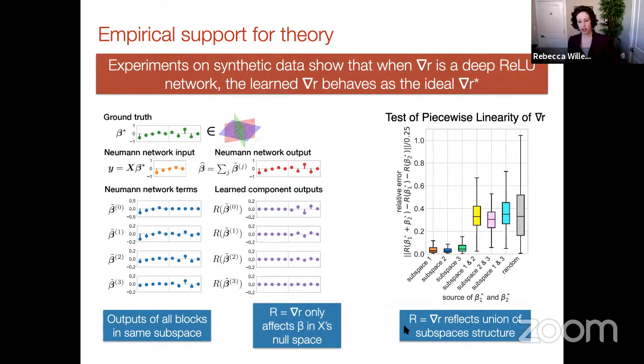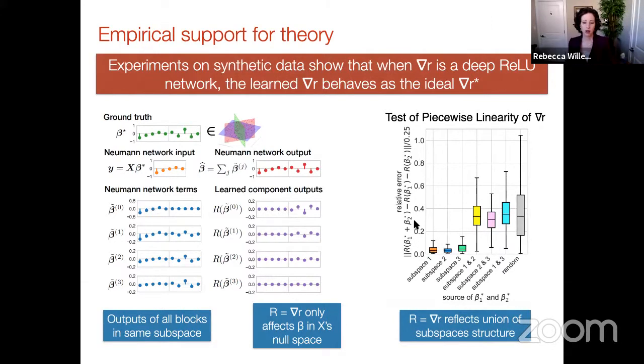And our final theoretical claim was that the gradient of the regularizer was going to reflect this union of subspaces structure. And so we can verify this empirically by looking at 2 images, beta 1 and beta 2.